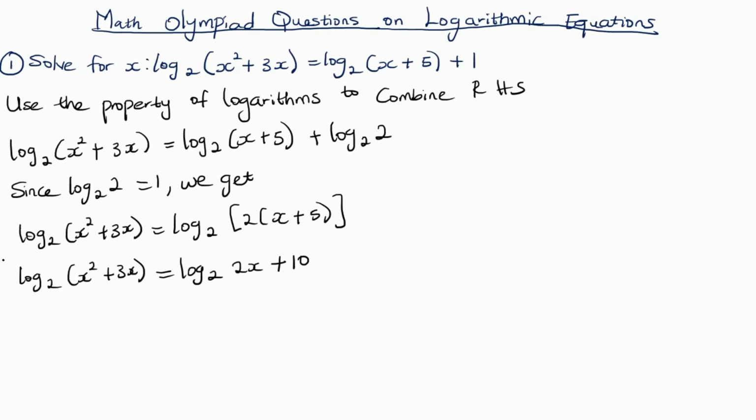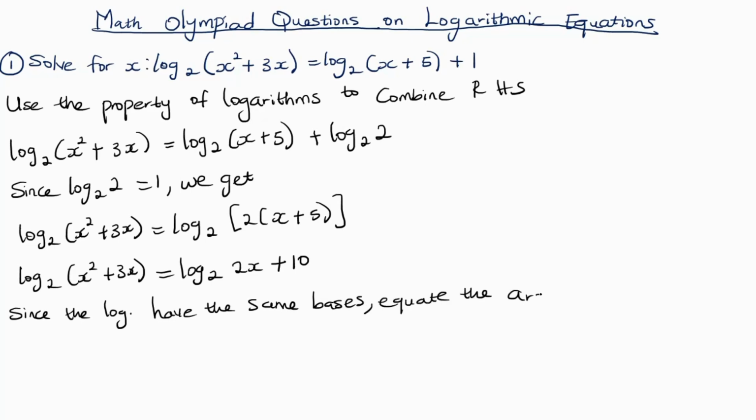Now since the logarithms have the same base, all we need to do is to equate the argument. So we simply equate the argument. So we have x squared plus 3x is equal to 2x plus 10.